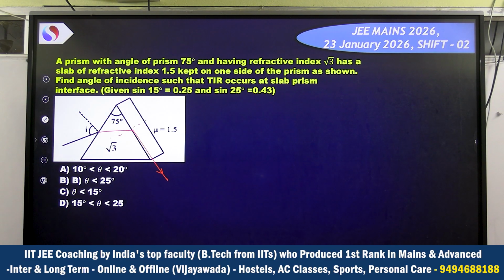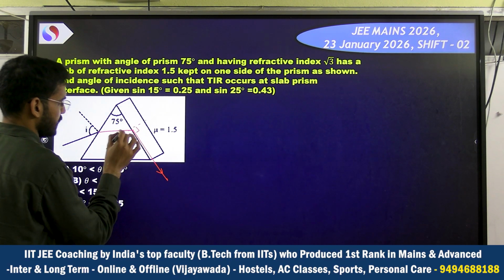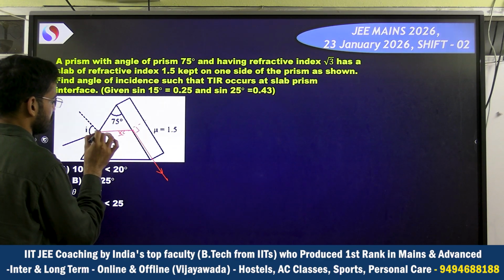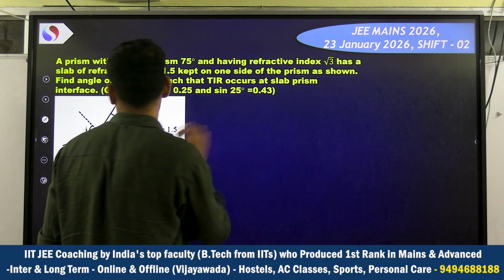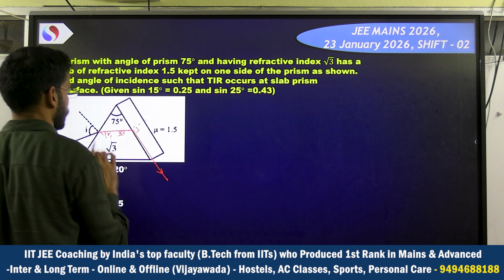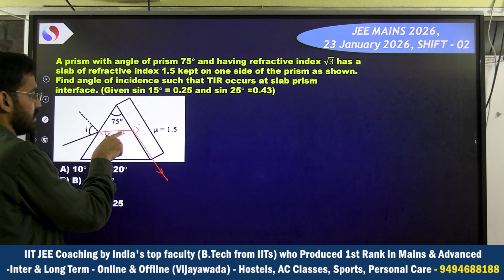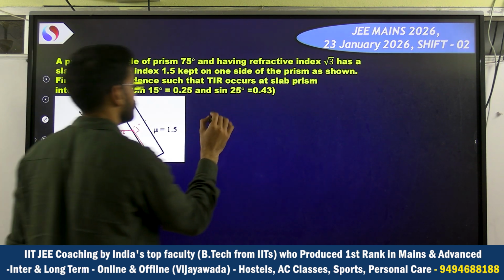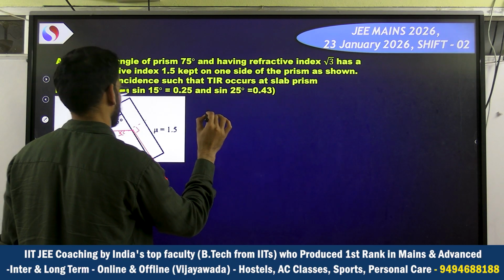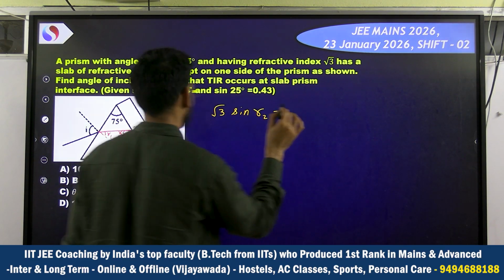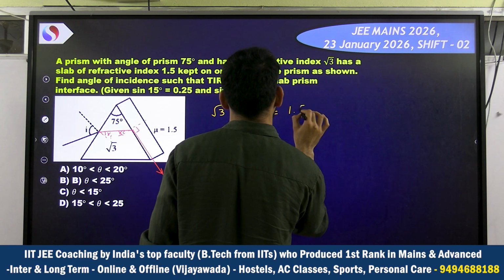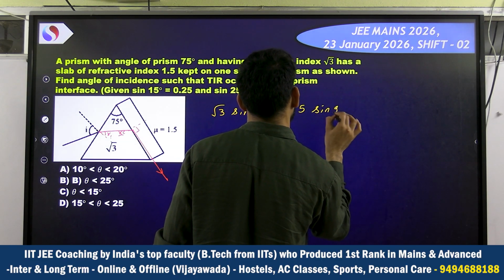So you can say this is 90 degree. This is R2, and automatically this is R1. So first of all, what is R2? I hope you know the general convention; here we say angle of incidence R2. So you will have root 3 into sine R2 equal to 1.5 into sine 90.